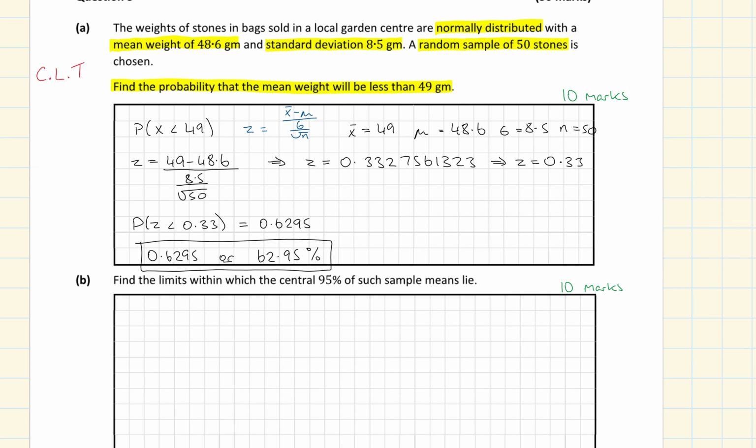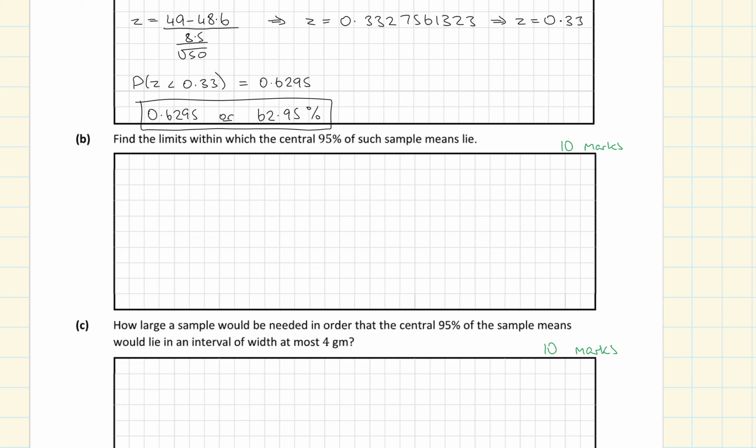Part B now, we have find the limits within which the central 95% of such a sample mean lies. So we're looking here now for a 95% confidence interval. So it's going to be x bar plus or minus 1.96 times your standard deviation over root n.